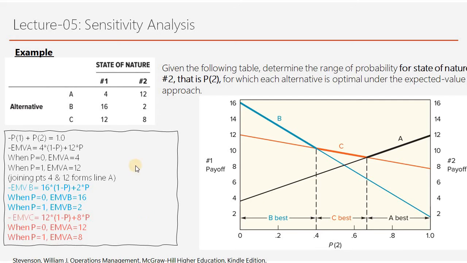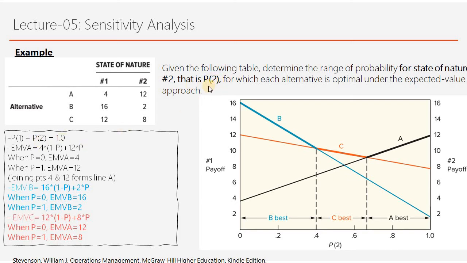First of all, we will calculate the expected monetary value of each alternative. Okay, remember that we said that the summation of the probability of the first state of nature and the second equals to 1. So if this one was 0.3, then this one will be 1 minus 0.3, it will be 0.7.